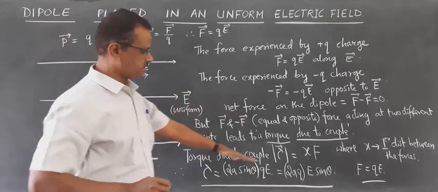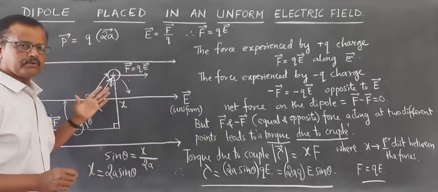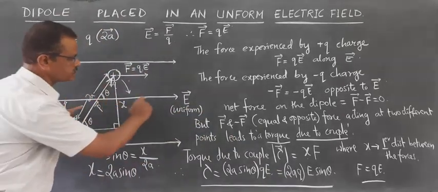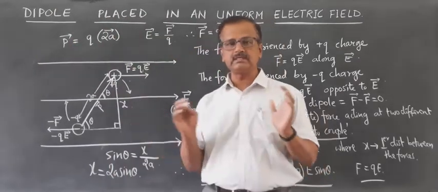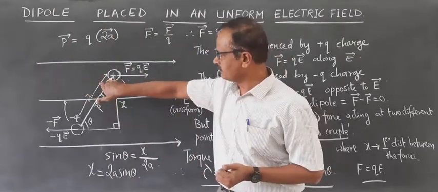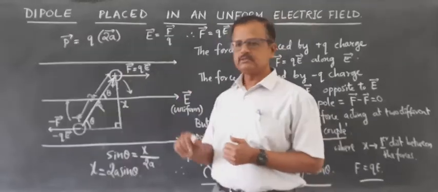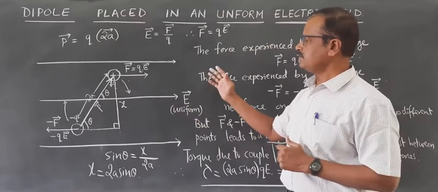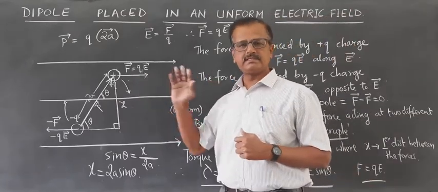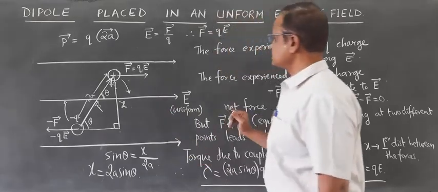The tendency of this torque is to turn the dipole and align it along the direction of electric field. In doing so, the electric field does work in turning this dipole through an angle theta. So this is the torque experienced by the dipole when it is placed in a uniform electric field. So we will conclude this.